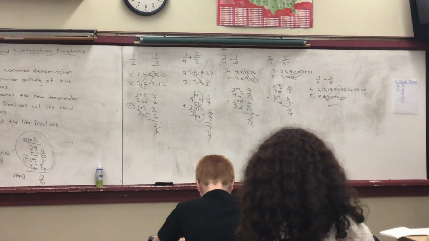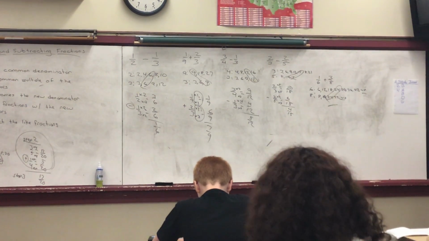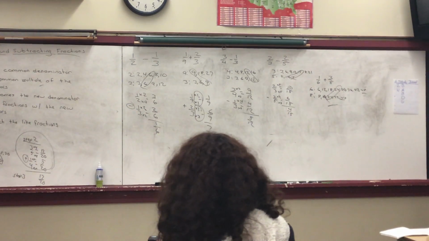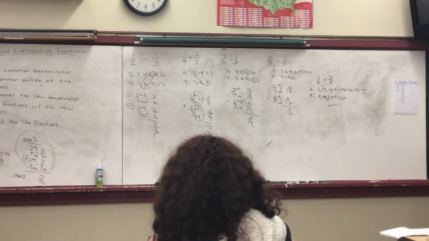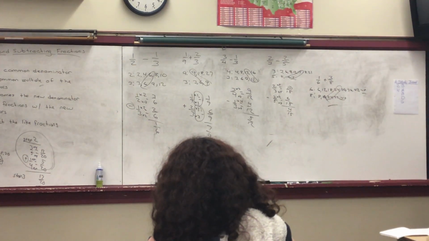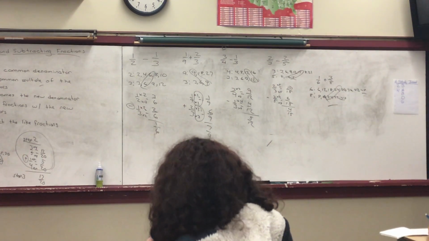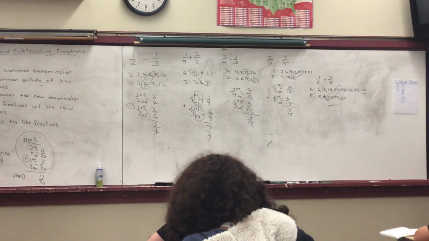Okay, page 24. First thing I want you to do, cross out the word estimate. We're not doing any estimating right now. Down here, cross out the word estimate too, because we're not going to estimate.